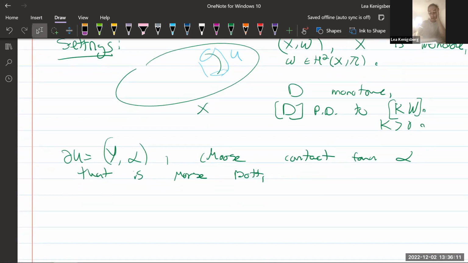So we have this Y, and it fibers over D, and we want the Reeb flow to flow here in the fiber.